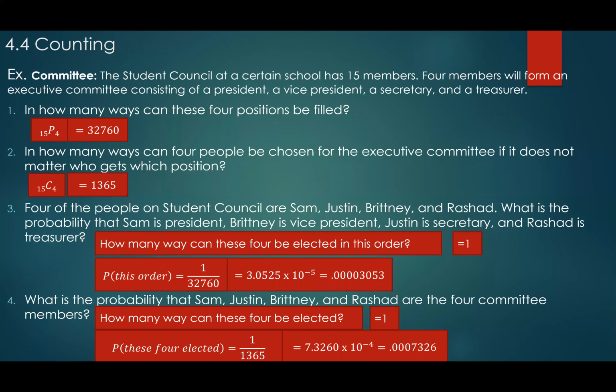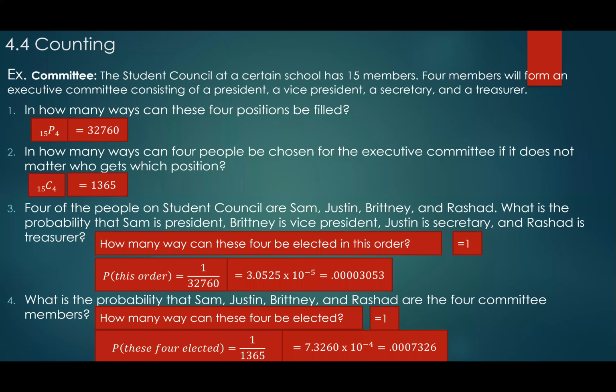This is different, because they ask how many ways you can form this group, and to find that we have to know the total possible ways. And from the total possible ways, this is the one way that we can have these 4 people, okay? If any other person substitutes for one of these 4, it is not this way. So there's only one specific way, these 4 people, and that's it.